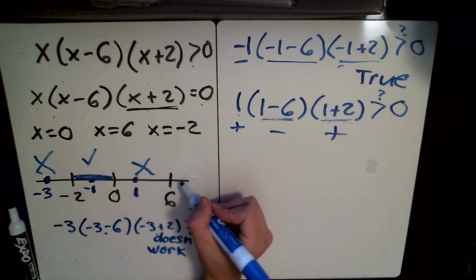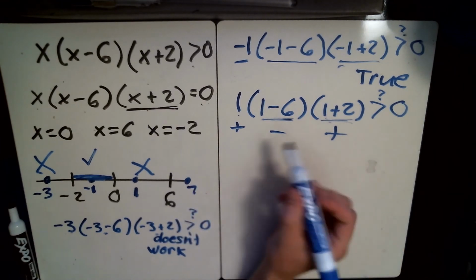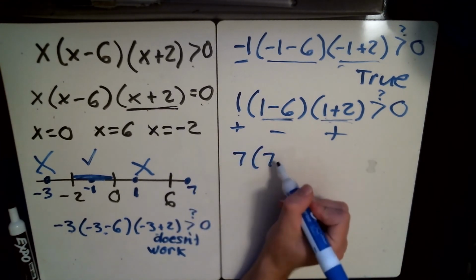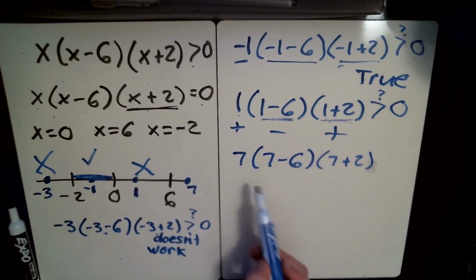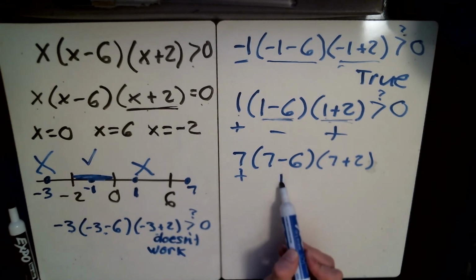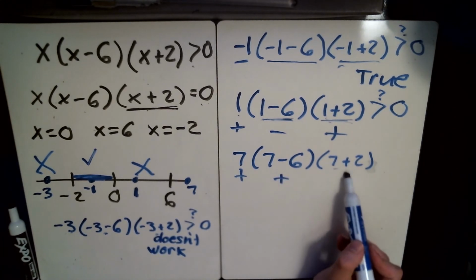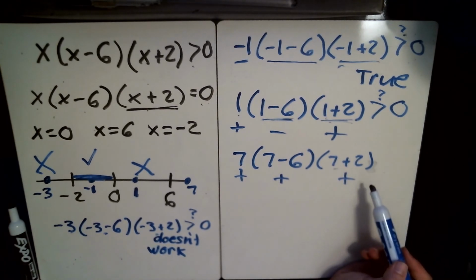And then lastly, something bigger than 6. So I don't know, 7. We'll plug in 7. Notice this is positive, this is also positive, and this is positive. So positive times positive times positive is going to be positive.